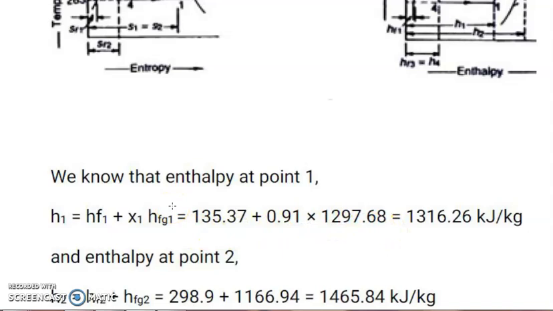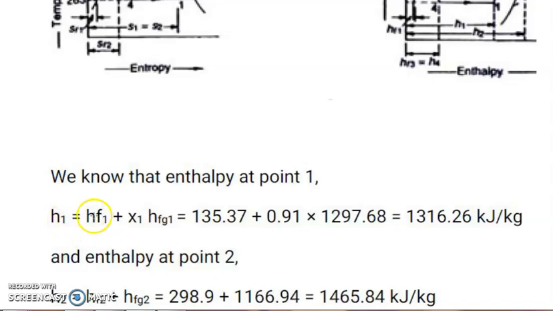When you are going to solve a vapor compression problem, first you have to calculate the enthalpy at each state point, because when you are going to calculate the COP, the enthalpy is required at state 1, state 4 and state 2. So first here you are calculating the enthalpy at state 1.